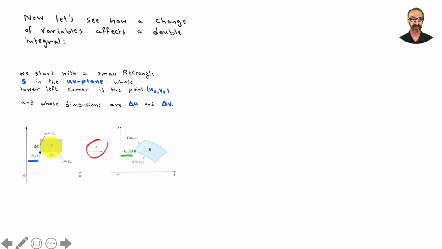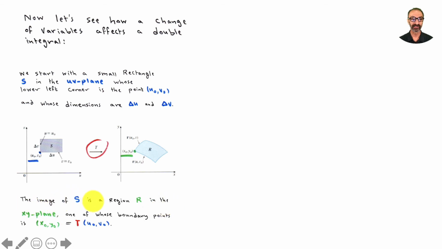Looking at S, we start with the lower left corner, which is going to be imaged to the lower left corner, as it's described. So we're going to go from u sub 0, v sub 0 to x sub 0, y sub 0.